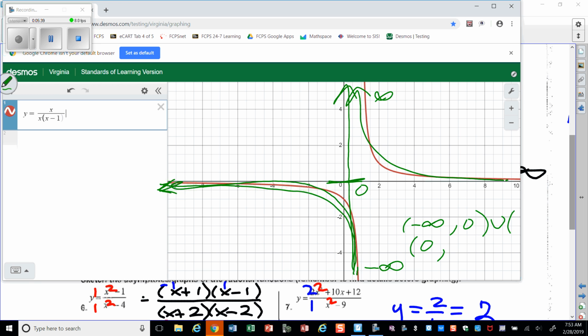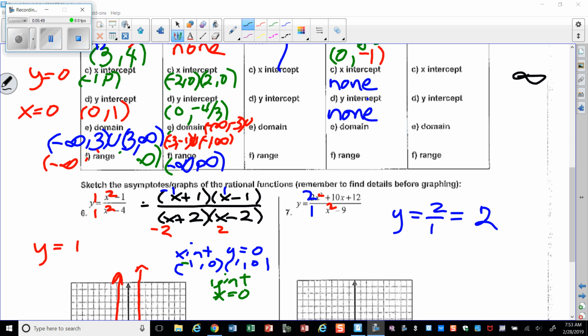Basically, it's all real numbers except for 0, if you were to put it in words. So my range went from negative infinity to 0, and it picked up at 0 and went to positive infinity, or you could say all real numbers except 0. y is not equal to 0, like we did with the excluded values. Okay, good job.